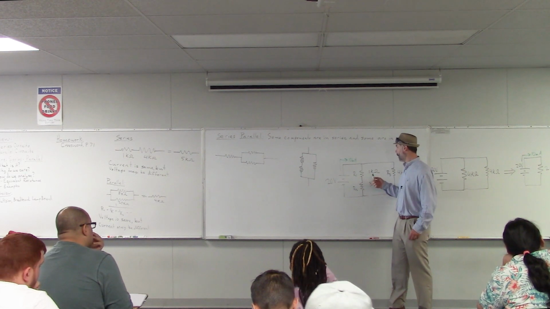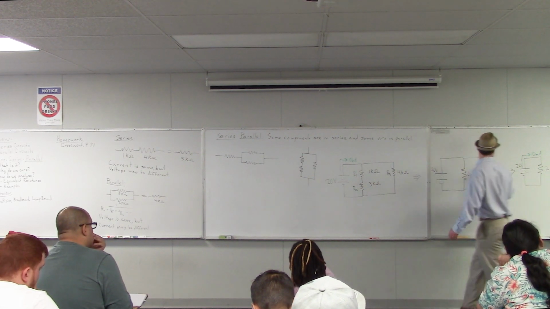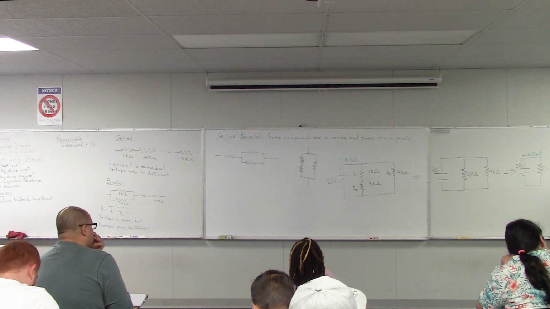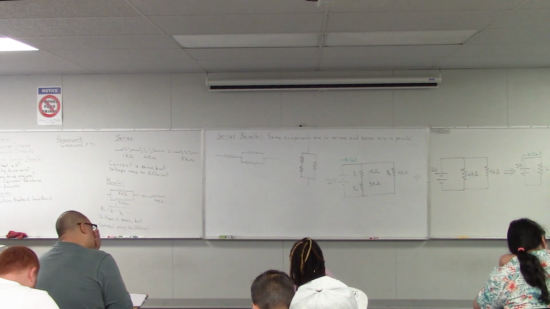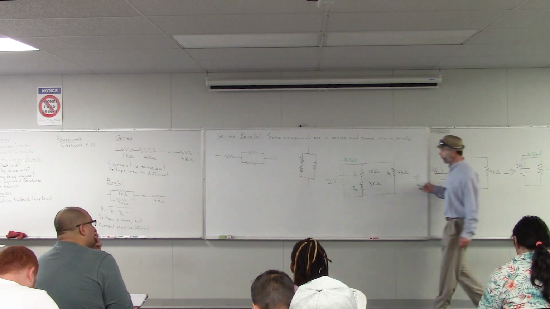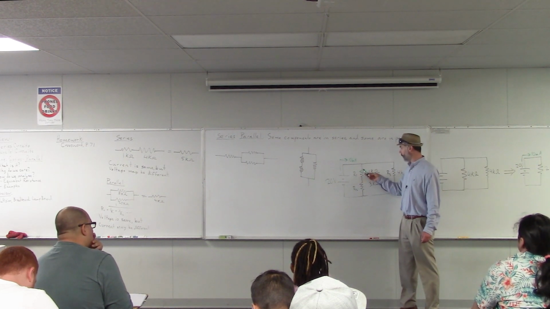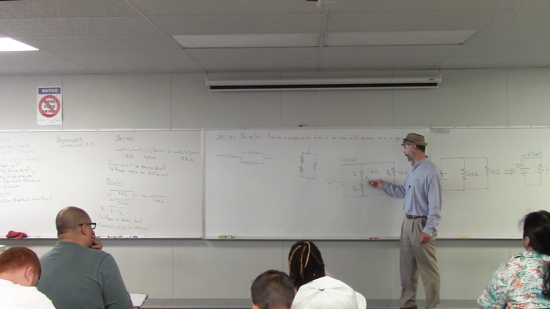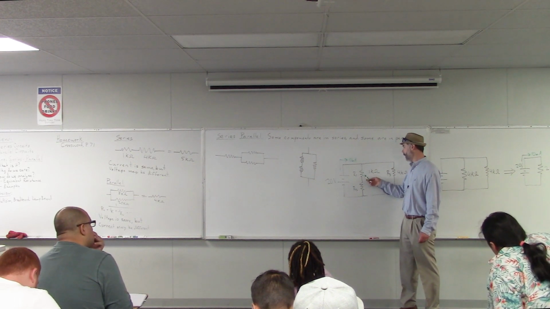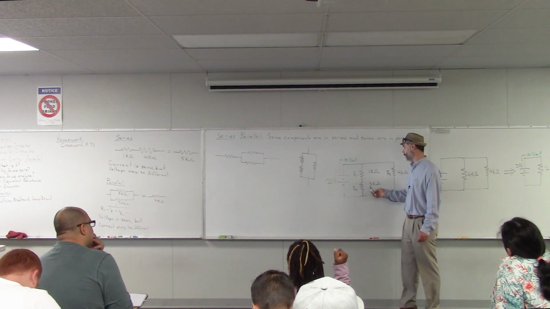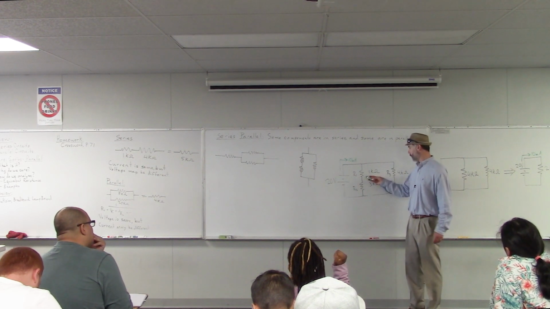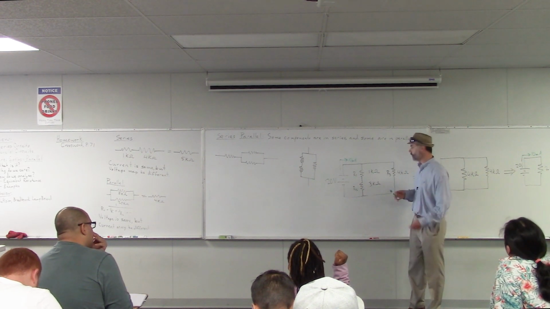Unfortunately, for Ohm's law, you need to know two of these three things for a particular resistor, and we don't. We have the resistance values for both of these, but we don't know the specific current or the specific voltage for either one of those right now. So I don't think that we can work on those yet.